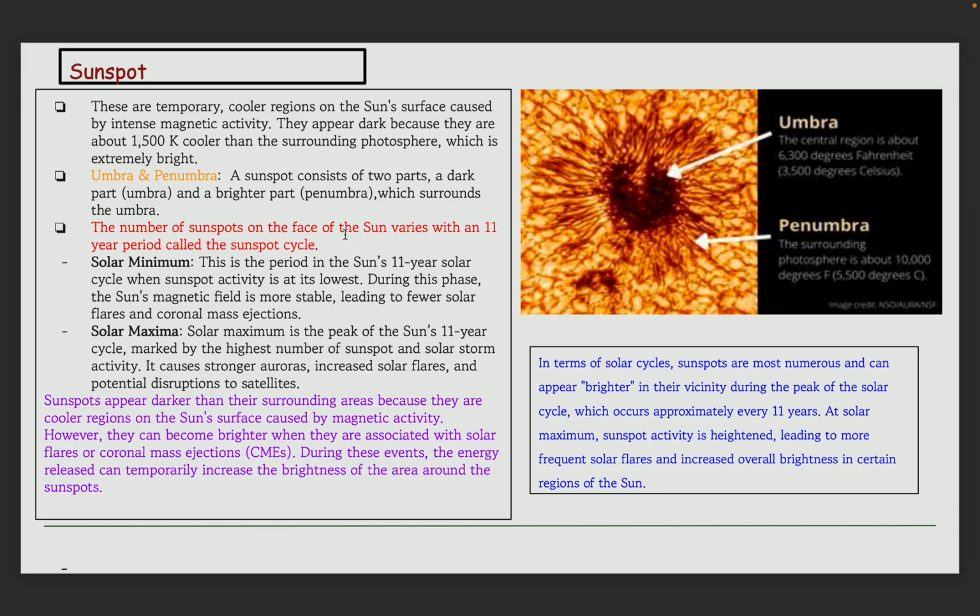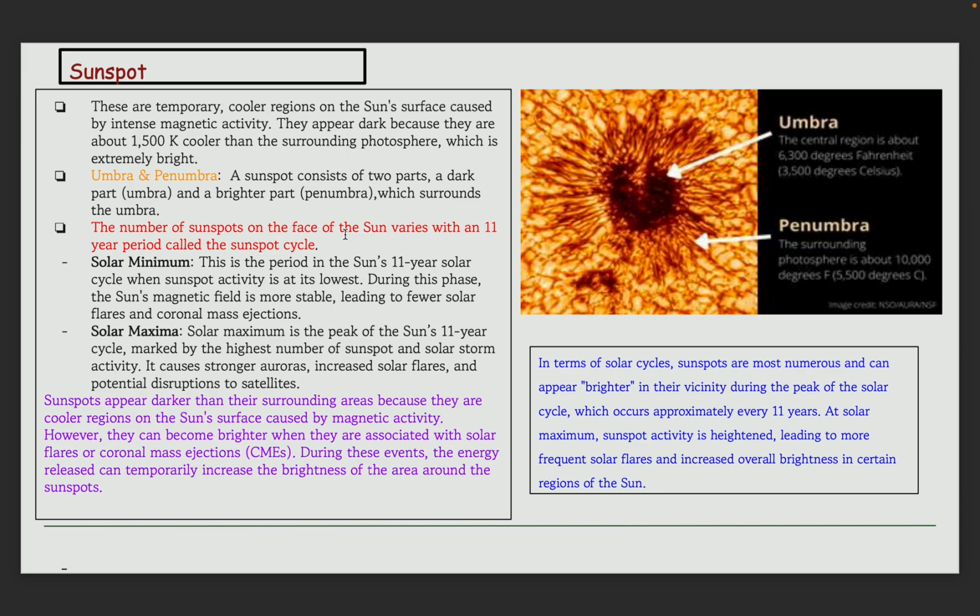During this phase, the sun's magnetic field becomes more stable, and we see fewer solar flares and coronal mass ejections. We will see these two terms, solar flare and coronal mass ejection, in the upcoming slide.